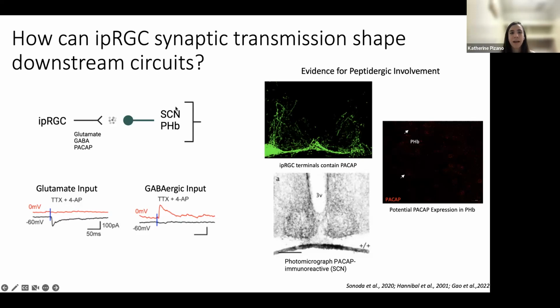So it's possible that PACAP could be playing a role in fine-tuning individual synaptic input to better convey information on light intensity and duration, that can then allow for quantifiable changes to circuit-wide behavioral responses. PACAP release most likely depends on a combination of both the intrinsic properties of ipRGCs along with extrinsic cues, and studying this PACAP modulation, like our lab has started doing within these synapses, can help us gain a better understanding of how these neural connections can lead to these established behavioral effects.